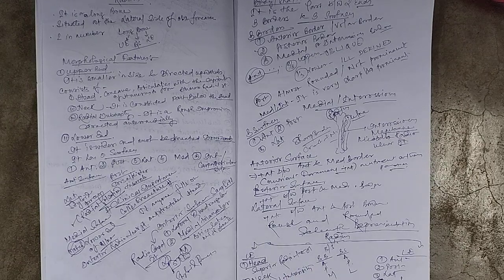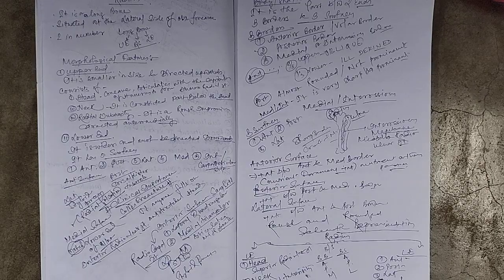In case of upper end, it is smaller in size and directed upwards, and it consists of head, neck, and radial tuberosity. The head is concave and articulates with the capitulum of the humerus to form the radiohumeral joint. Then the neck is the constricted part below the head, and the radial tuberosity is a rough impression directed anteromedially.